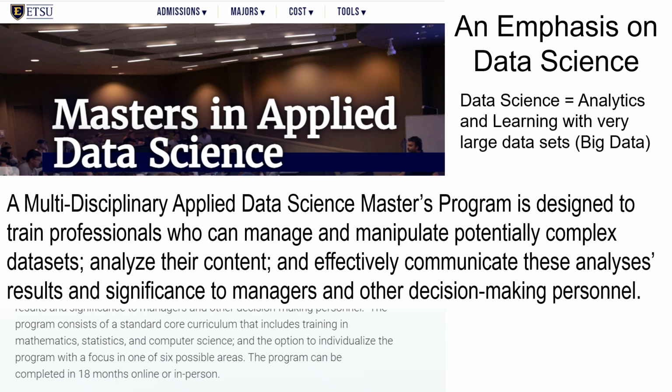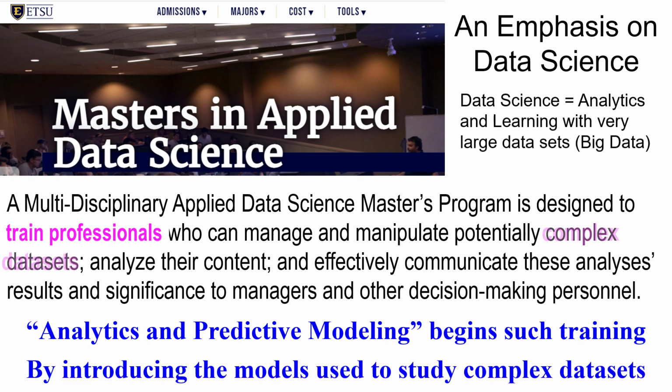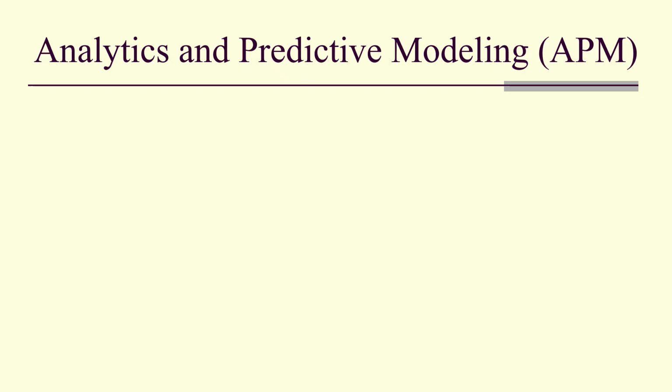The goal is to present a multidisciplinary program designed to train professionals to work with large data sets. Analytics and predictive modeling begins the program's goal of training professionals by introducing models used to study complex data sets.